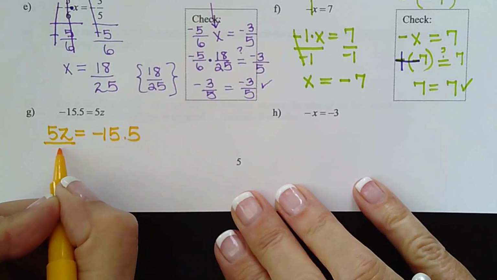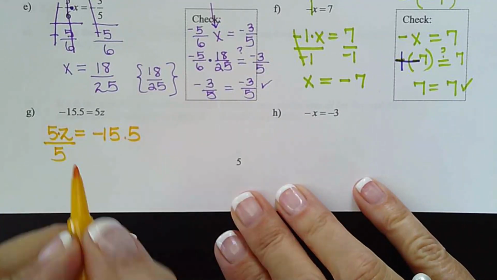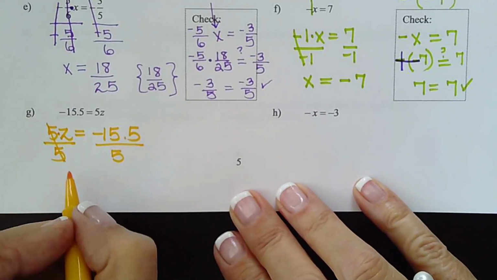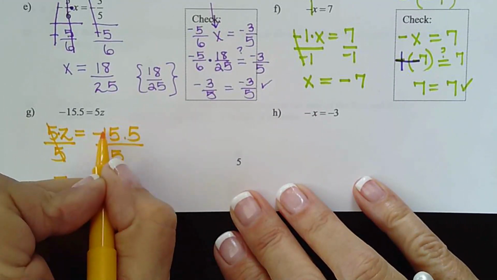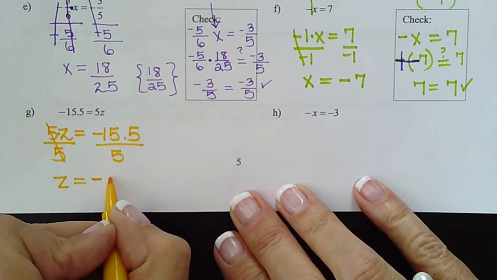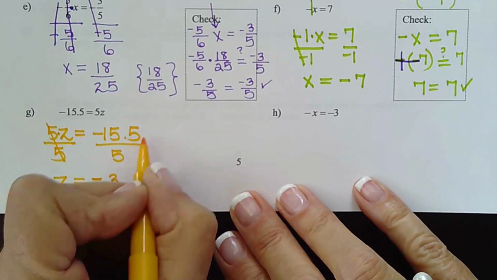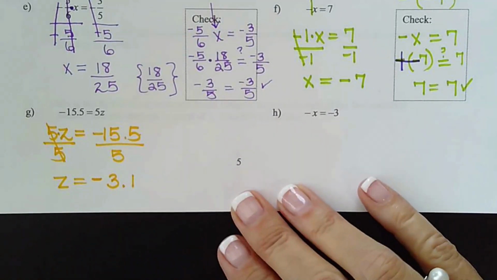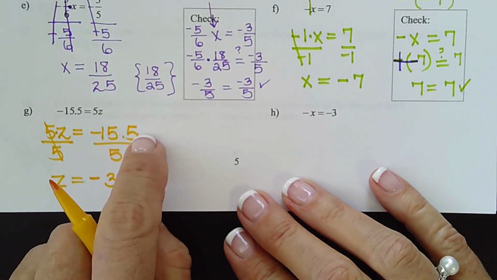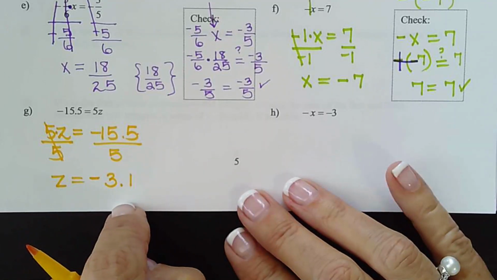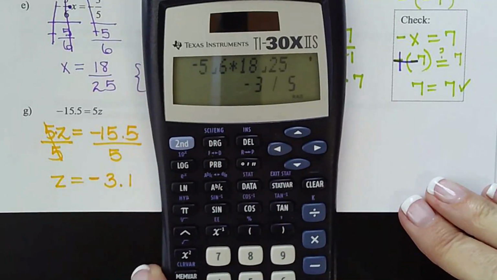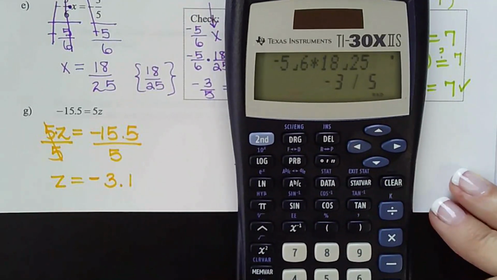So divide by 5, because the opposite of times is divide. So z equals a negative divided by a positive is negative. 15 divided by 5 is 3. 5 divided by 5 is 1. That's a little shortcut I learned somewhere along the way, that when both numbers are divisible by 5, you can do it in your head. But of course on a test I would never do that. I would verify it in the calculator.